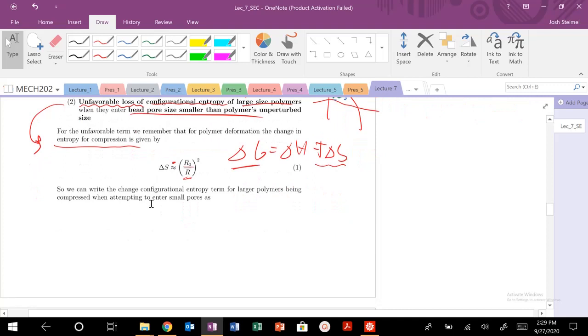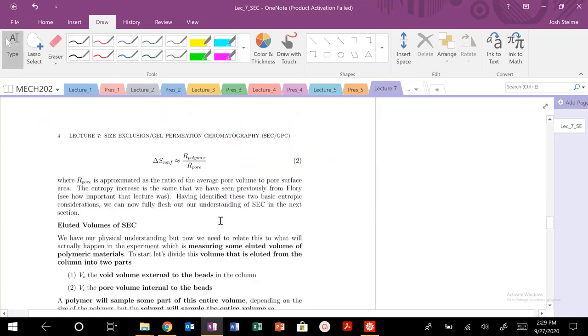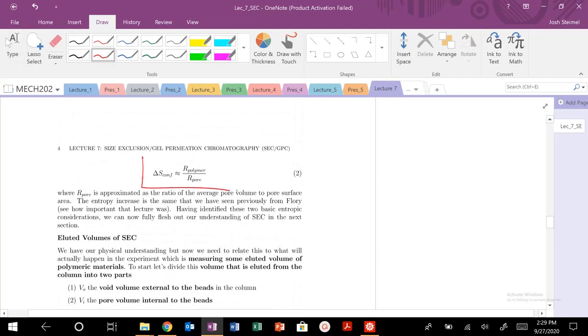So we're reducing our delta S configurational, the number of states, which decreases drastically. So you can write this change in conformational entropy term for larger polymers compressed in small pores just like this, just like we saw previously. The radius of the pore is the average.